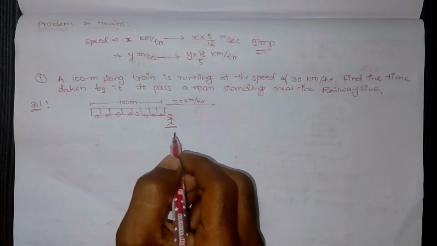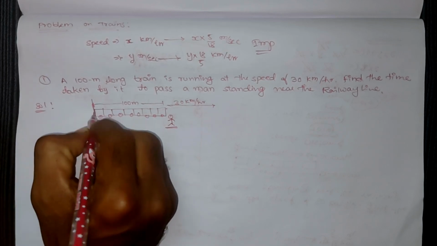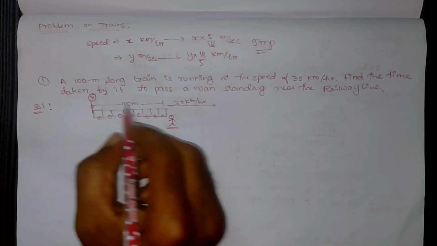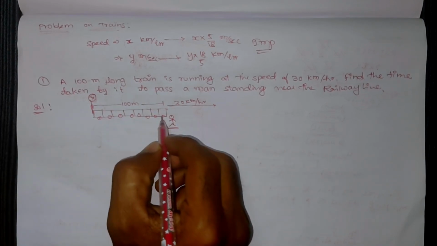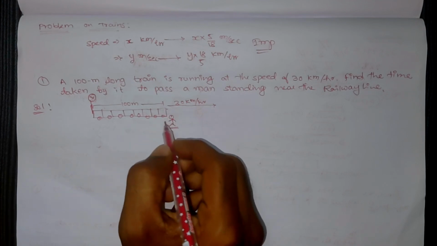So here if we mark this end point of this train as x, only when this x point reaches this man, then we treat this train as having completely crossed this man.